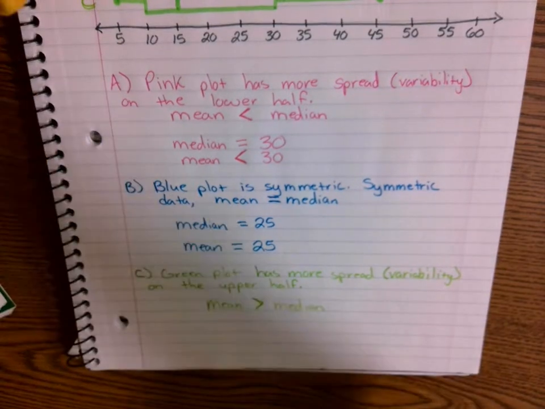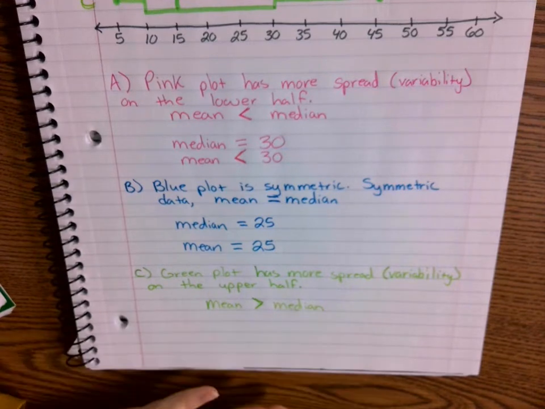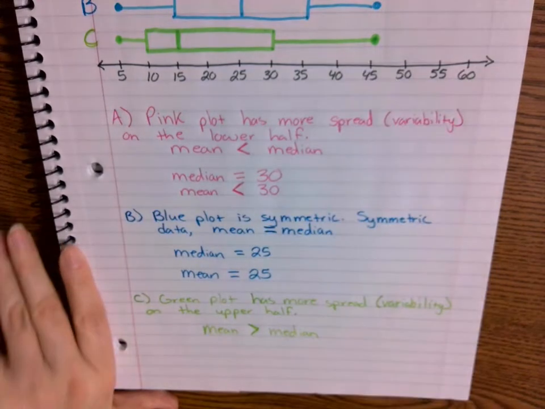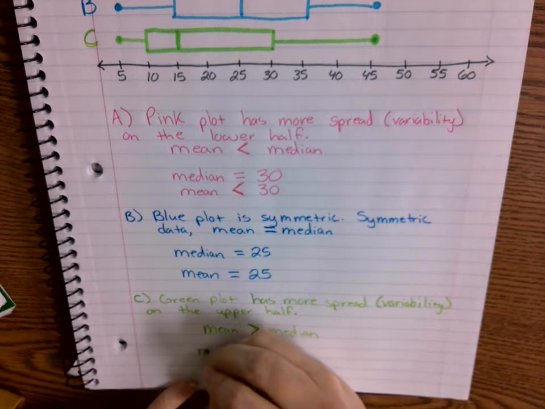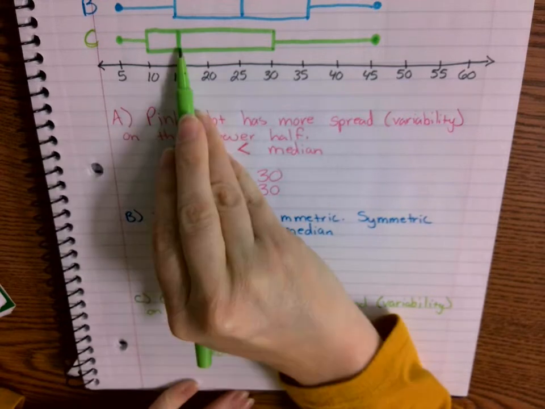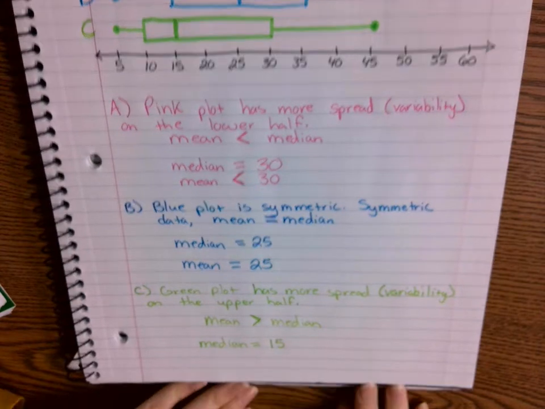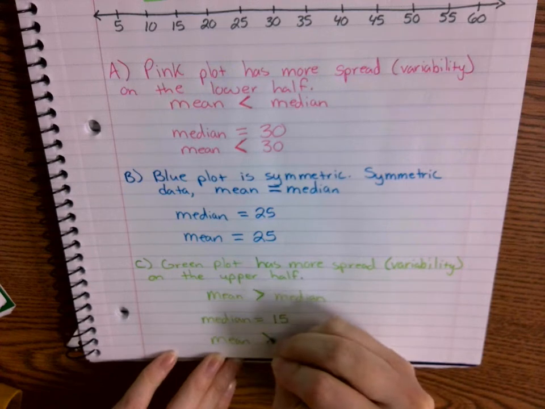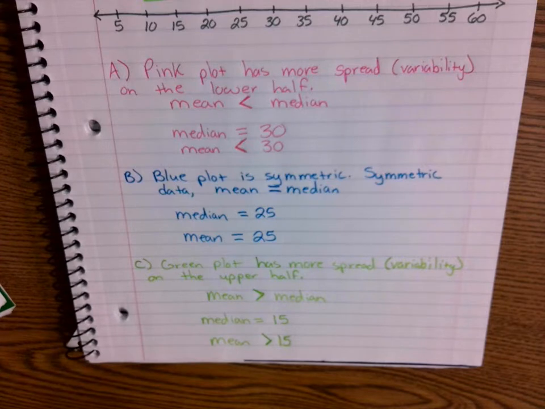The mean is going to be greater than the median because of the fact that the upper half is more spread out. What is the median for the green plot? What does the median equal? 15. Okay, that line right here on the inside, it's 15. So the median equals 15, which means that the mean is going to be greater than 15. And I don't know exactly what it is, but at least I have an idea, a generalization of what it could be.